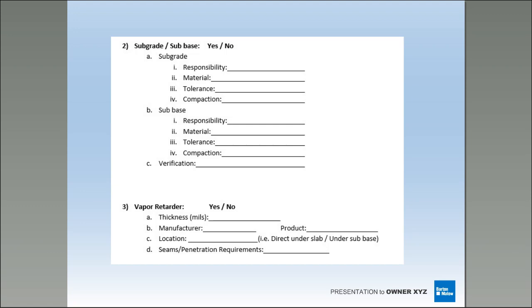Subgrade and subbase. It may not seem that important to a polisher, but take a good look at it, because there's a lot of facts out there, not just statistics, but anything on that subgrade and subbase that you do transfers through and affects that slab. If I have a lot of rutting, if I have non-uniform surfaces, if I haven't proof rolled, all of this is going to affect you as a polisher when you come to that slab.